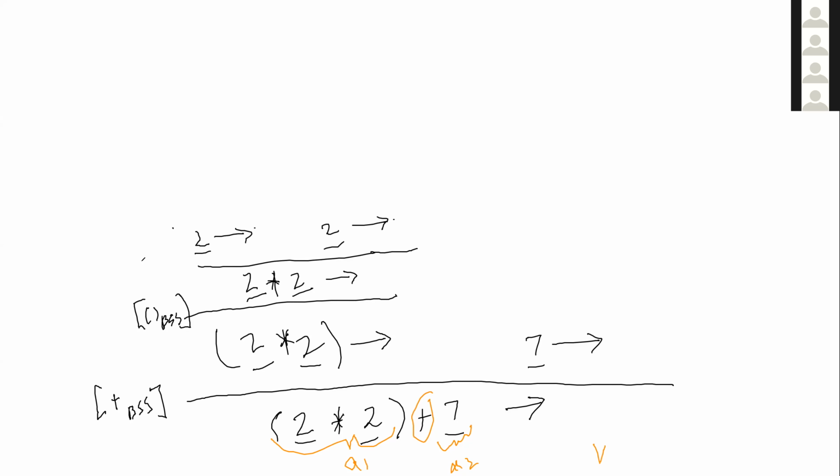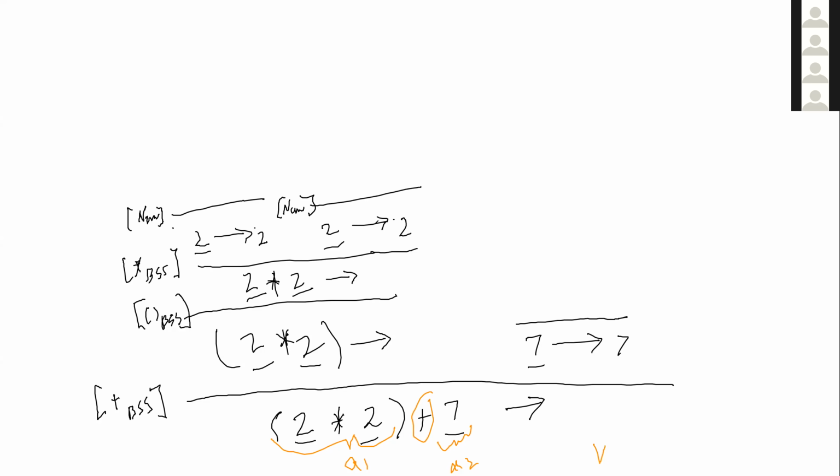Okay, so this was the times BSS rule. And then this one is, okay, that's a 2. That's the num rule. And this is a real 2, an integer 2, and that's also the num rule. And then over here, this is a 7, and that's the num rule.